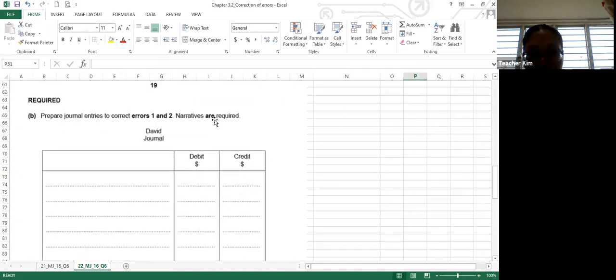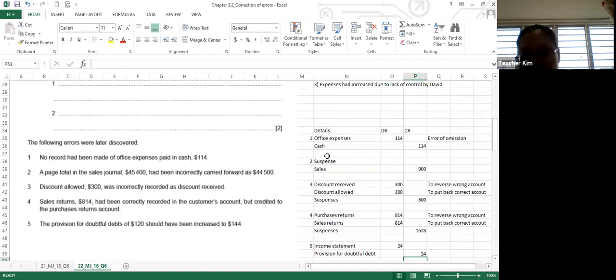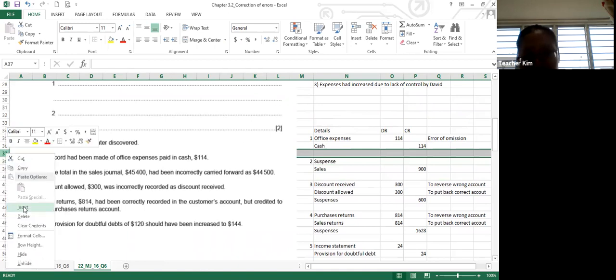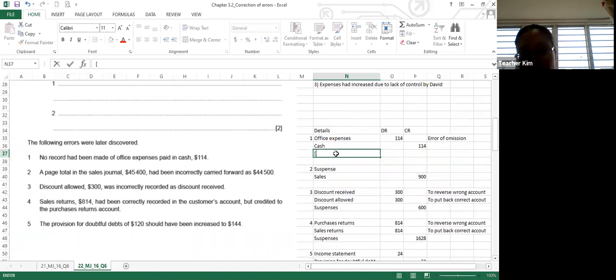Because this question says narrative is required, so for errors 1 and 2 we put in the narrative. Okay. We put correction of error of omission of office expenses.